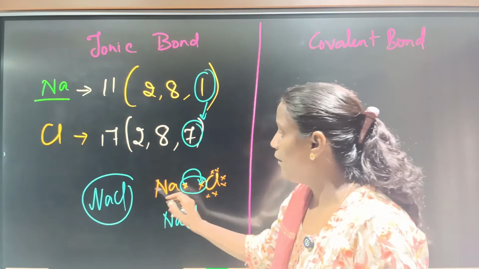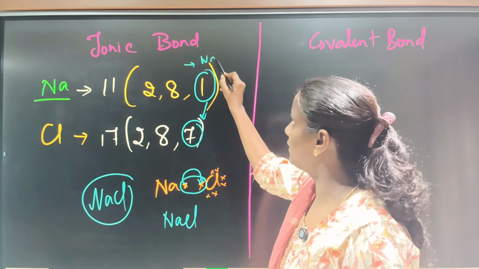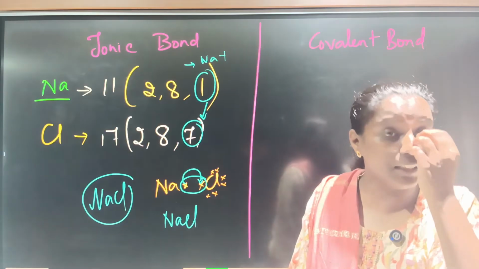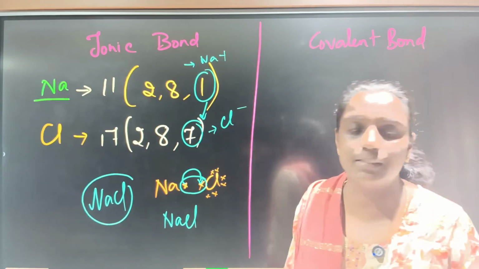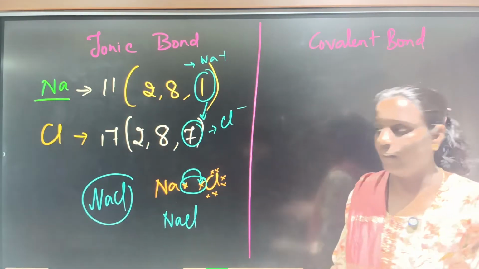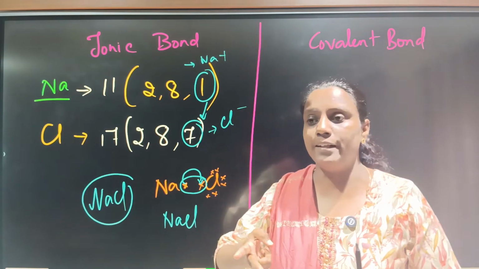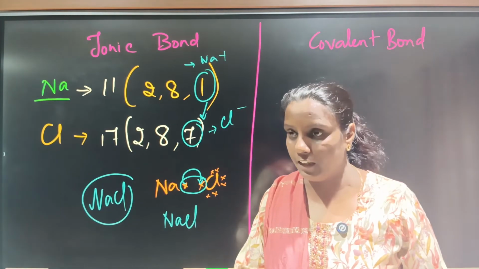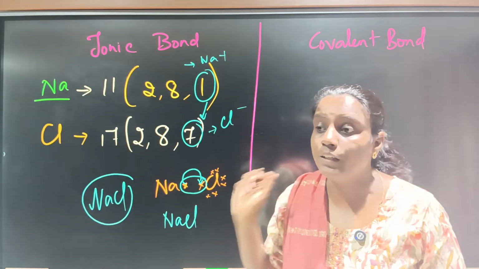So now, sodium is losing an electron, so I can call it a Na plus ion. Chlorine is gaining an electron, so I can call it a Cl minus ion, cation and anion. Okay, so the bond formed when two elements lose or gain electrons, we call it an ionic bond.